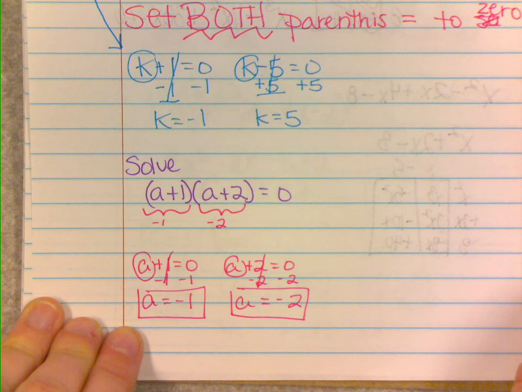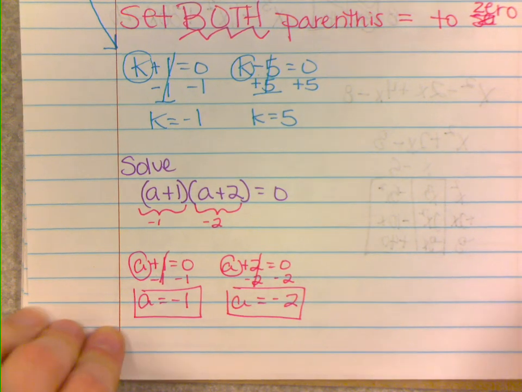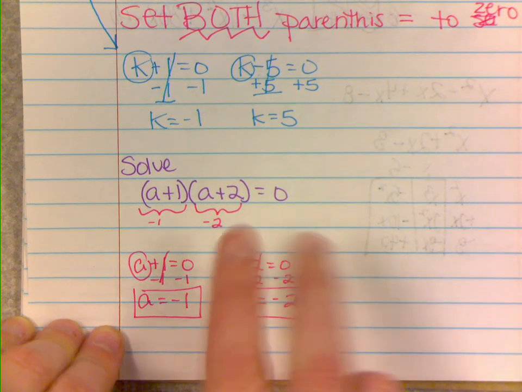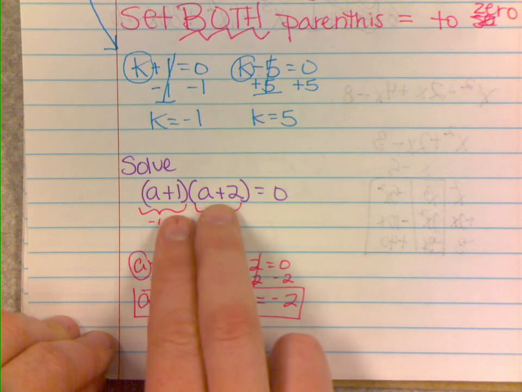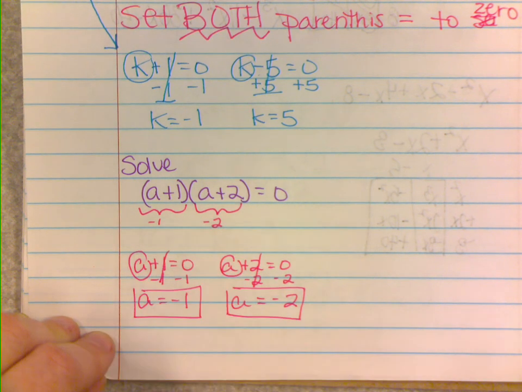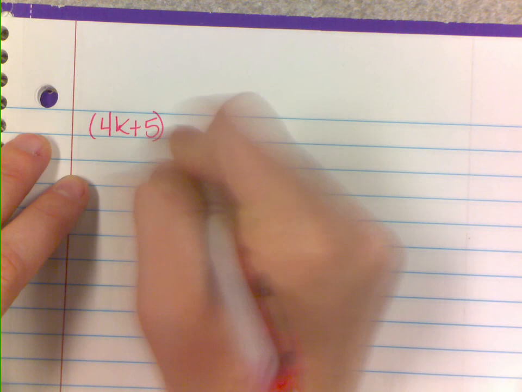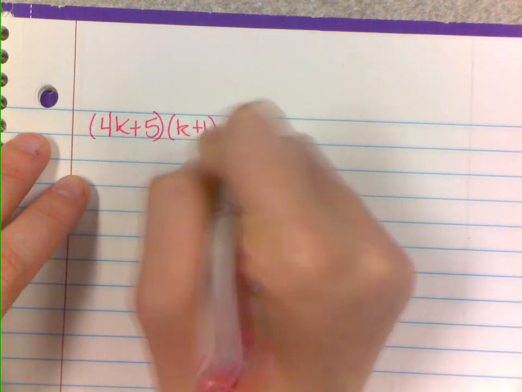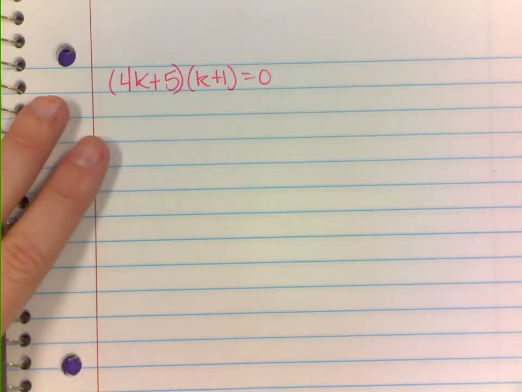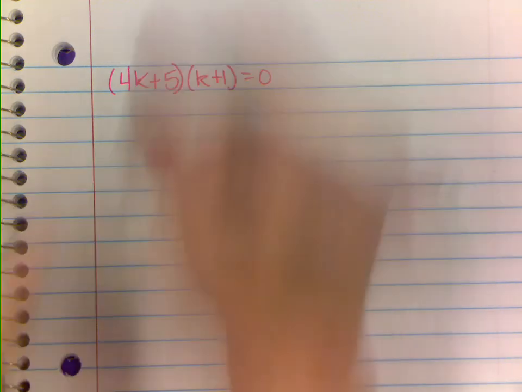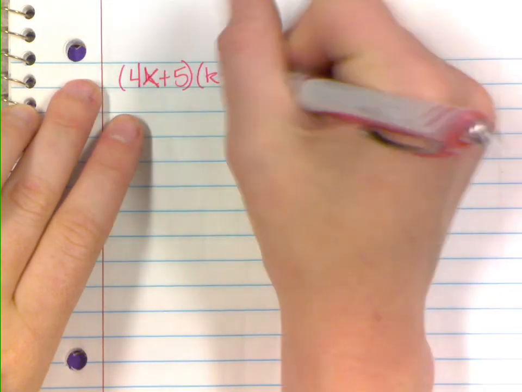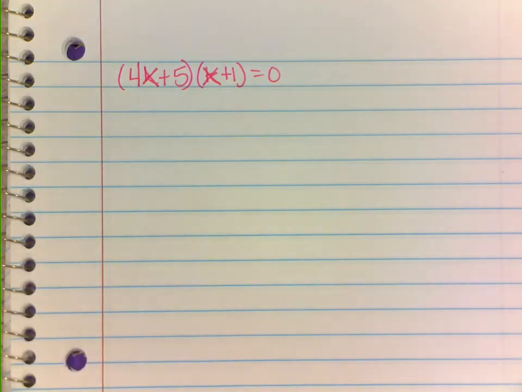Ready to do another problem? Now, these are already factored for us. In a minute, you're going to have to factor them, then set them equal to 0. Okay? So I'm going to flip it over. Are you ready? So let's say I have this: (4x plus 8)(x plus 1) equals 0.